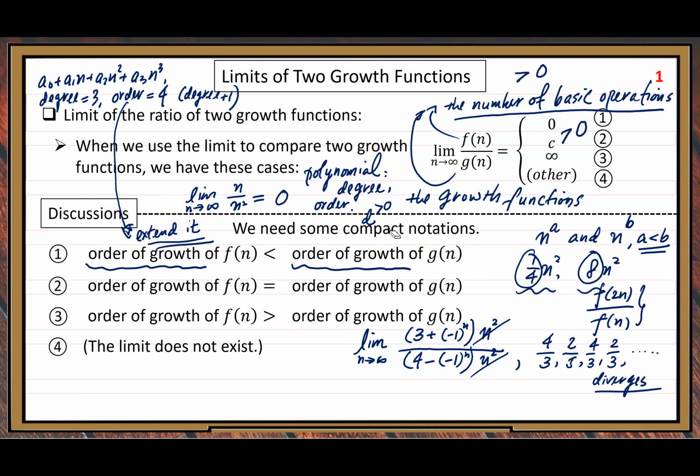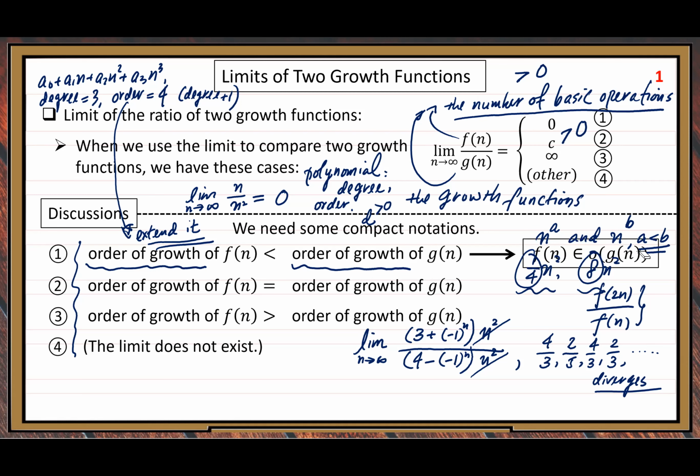Look at cases 1, 2, 3, 4: if our conclusions are written like this, it is not that compact. We need to write a lot of words. We want much more compact expressions.